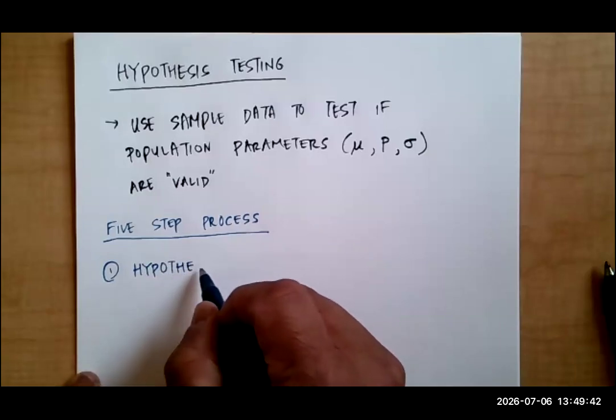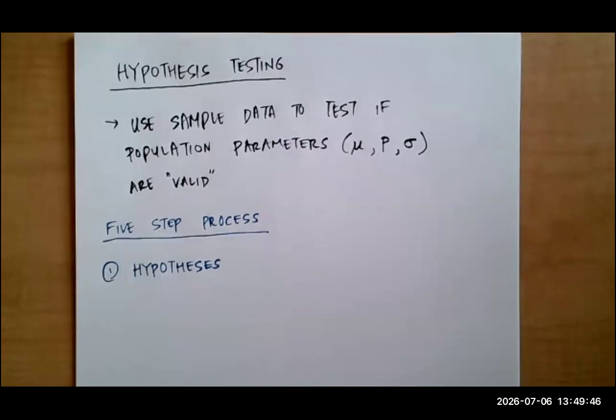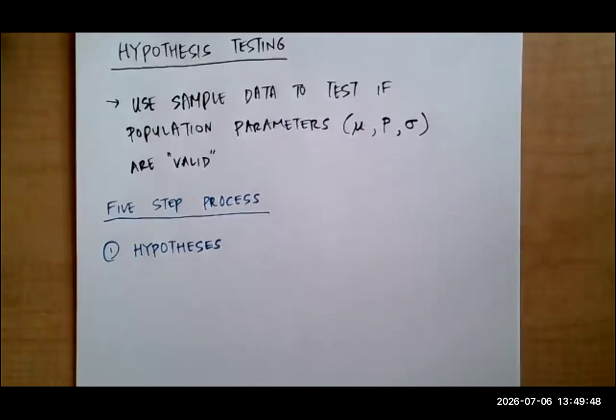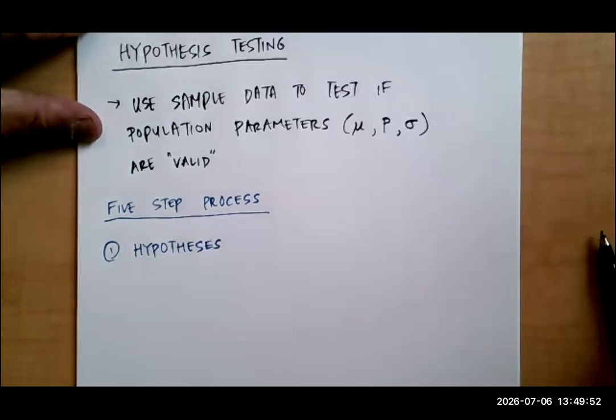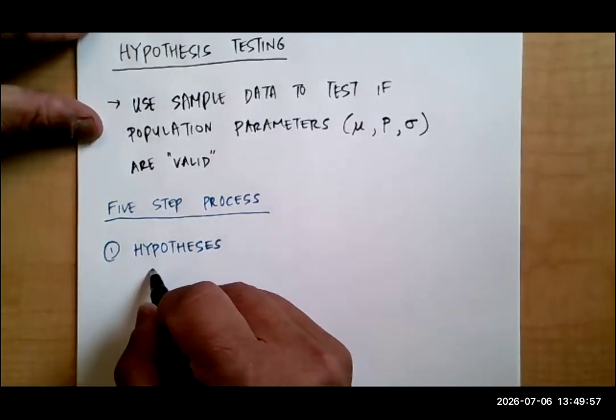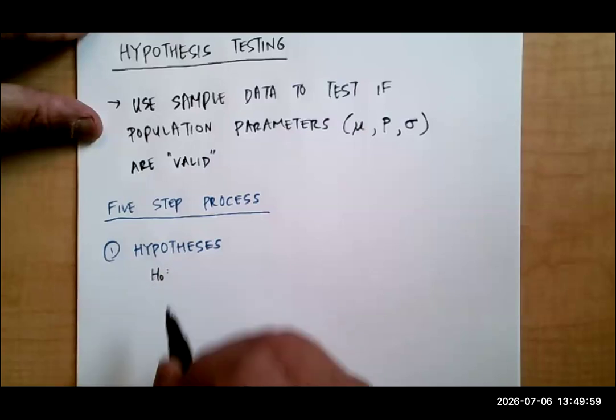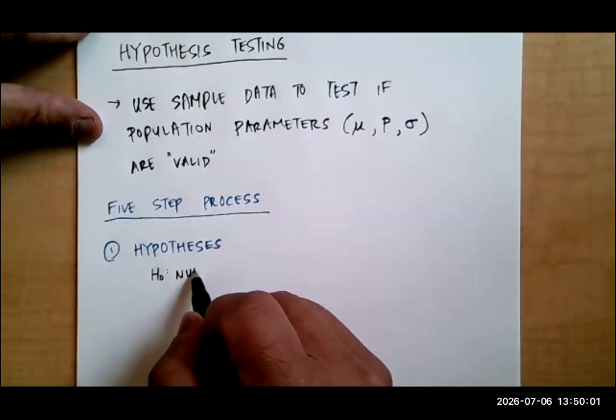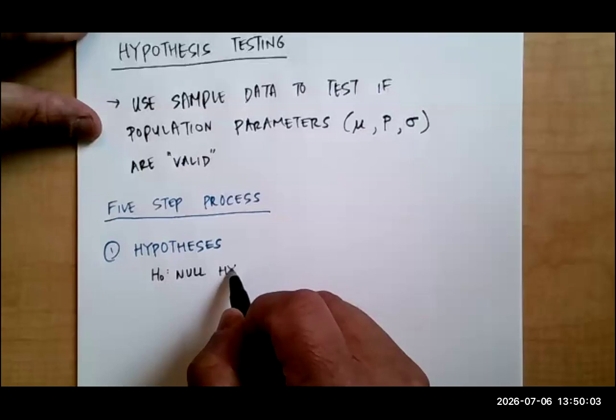These are the statements, those ideas that we're going to be checking, that we assume to be true first off, and then we're going to be checking as we go on. And so for hypotheses, the first hypothesis is H sub 0. This is our null hypothesis.